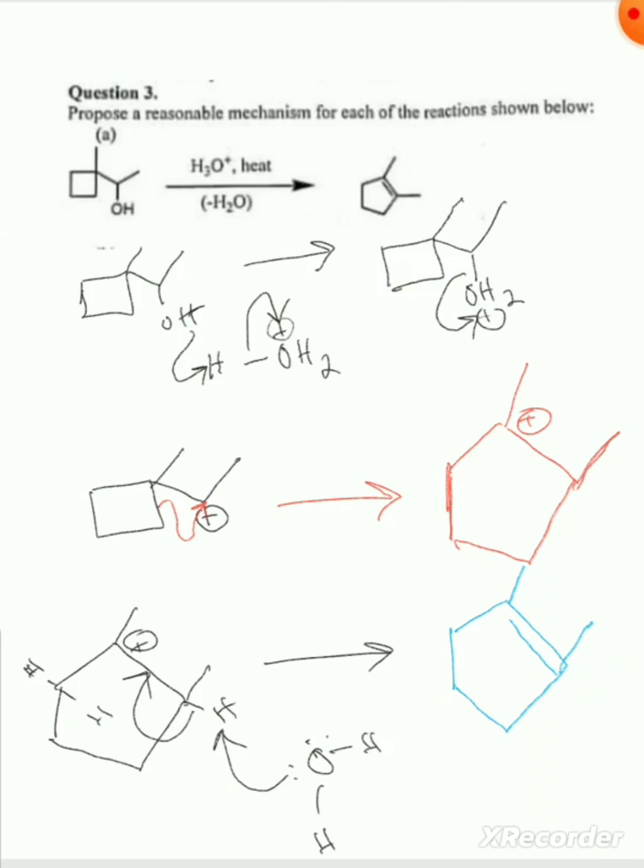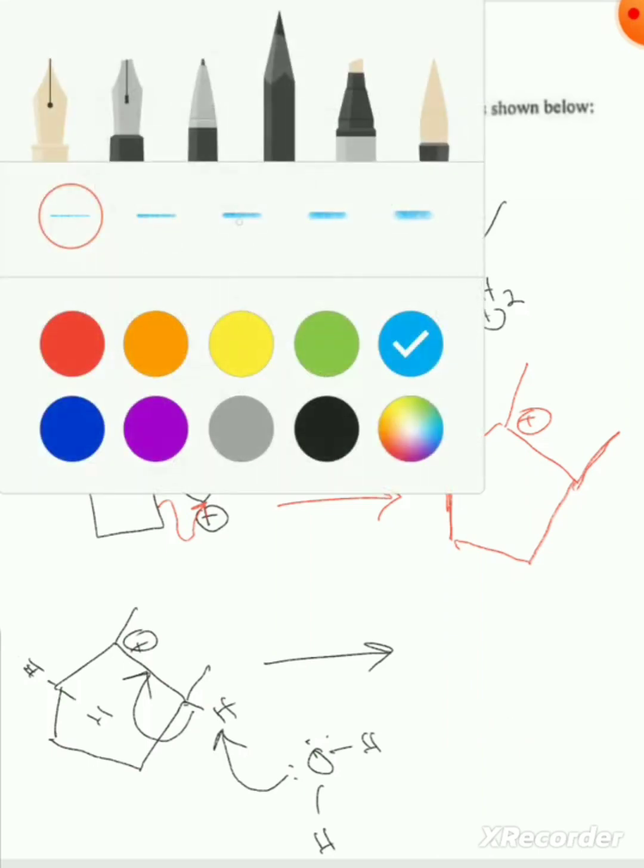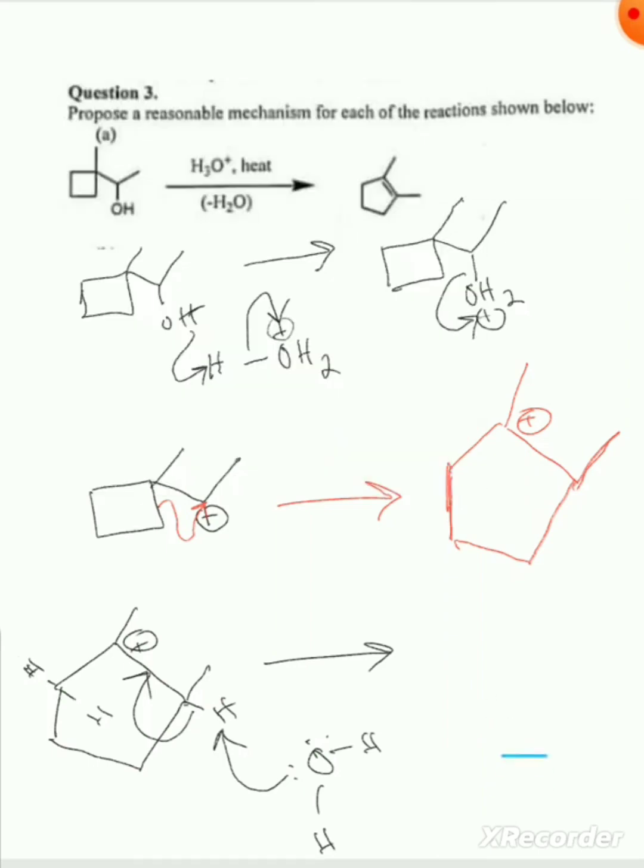Okay, let me try to do this. It will be something like this, something like this. My pen is not working so well today. Let me just change this. Okay, it will work. Good. So it will be something like this, something like this. Then here a double bond, and that's how this is.